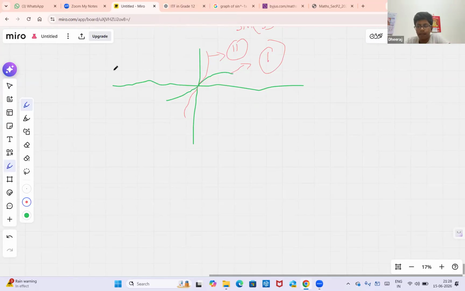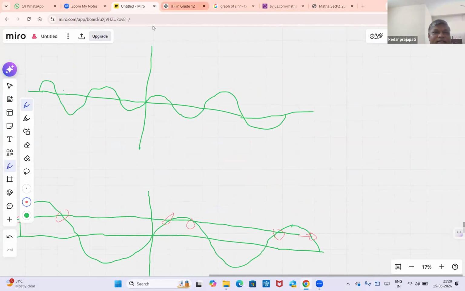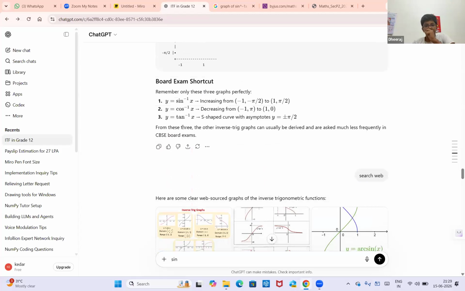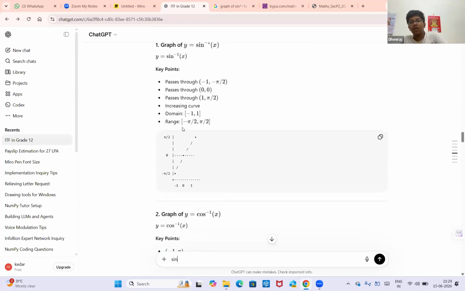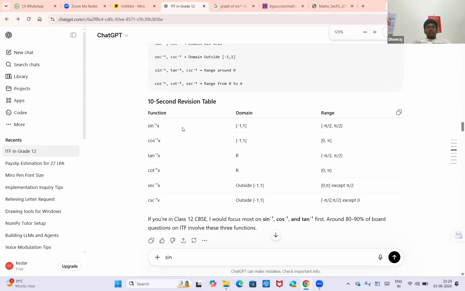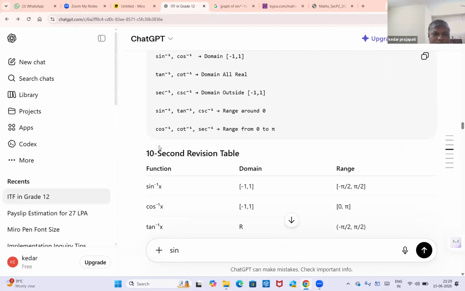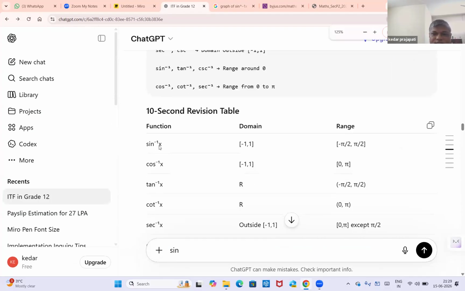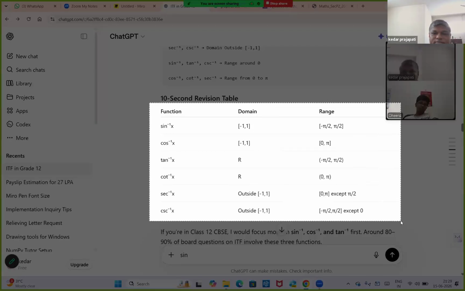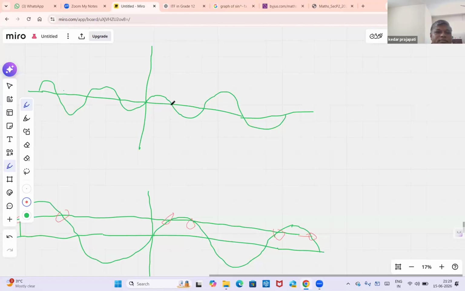So what are the domain and range for sin x? I'll explain.